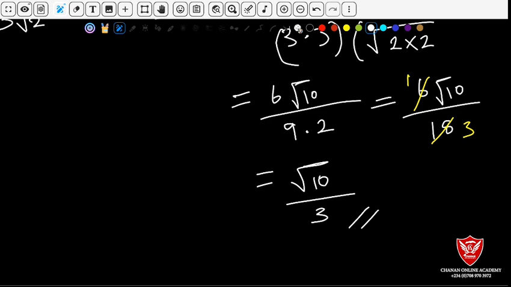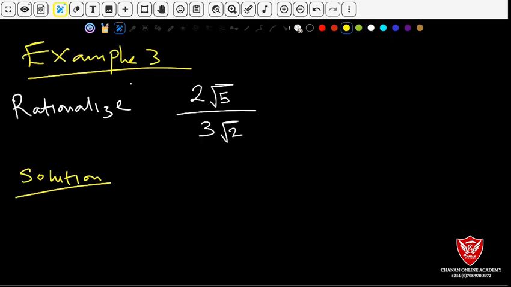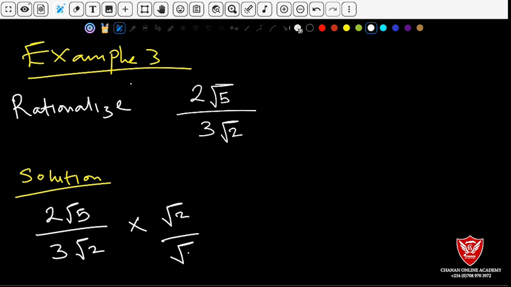So let's try if we multiply with only the surd. Let's try to solve this question again, but this time we are going to multiply the numerator and the denominator with only the surd, which is root 2. So we have 2 root 5 over 3 root 2 multiplied by root 2 over root 2.